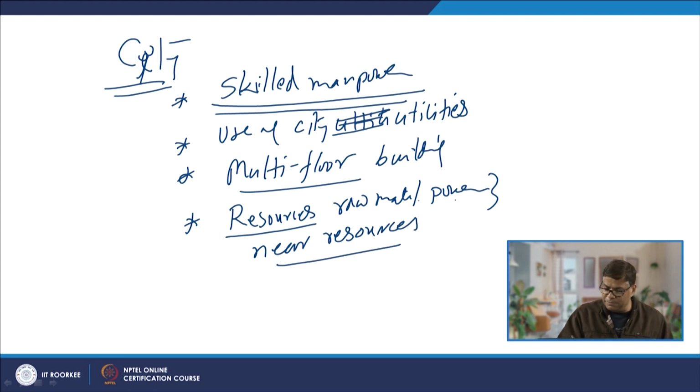So, if raw material, labor, power, etc. are required for effective functioning of the organization, then the plant should be located in the city. Especially if it is required to use various resources for effective functioning of the organization, then it is appropriate to locate the plant near the city.